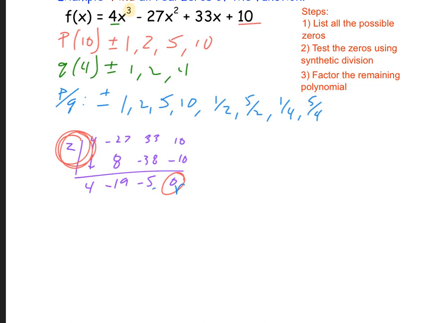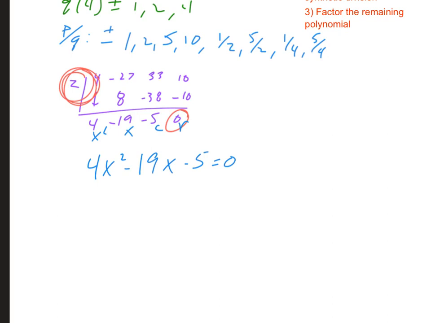So remainder constant x squared. So 4x squared minus 19x minus 5 equals 0. That looks like a full AC method problem to me. So a times c being negative 20. Need factors of negative 20 that add to be negative 19.